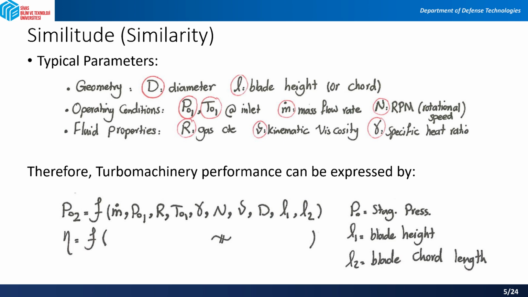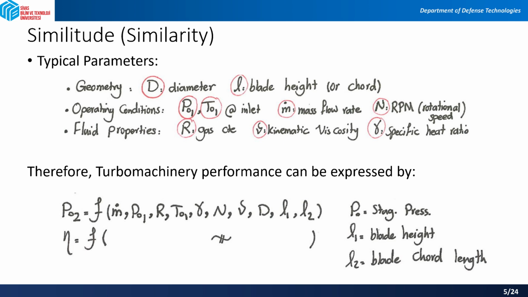So you have lots of these things, and you can express the performance of your turbomachine by something like this. You can say that, okay, this turbomachine is increasing or decreasing my pressure, and this pressure change is a function of all of this: the mass flow, the pressure at inlet, your gas constant, your temperature at inlet, your specific heat ratio, your RPM, kinematic viscosity, diameter, and length, right?